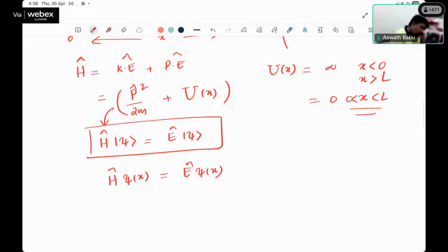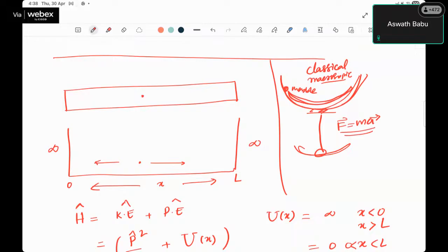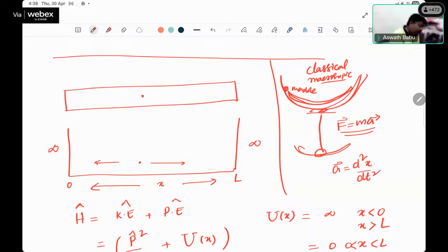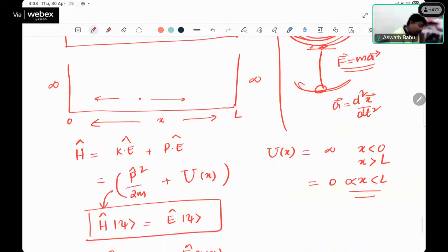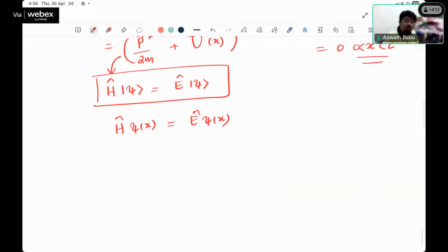For a dynamical system, I need a derivative to find the dynamics. For example, in Newton's law, acceleration is a second order derivative. Where is the derivative here? Derivative can come in two ways: in terms of position, and also in terms of time.